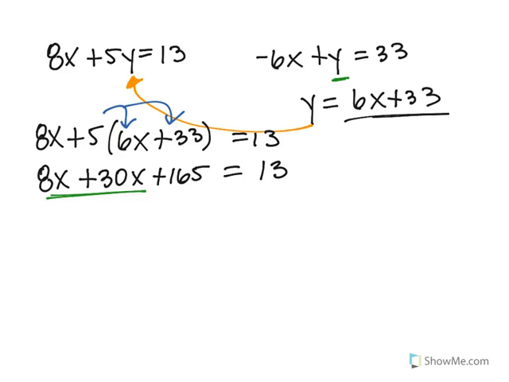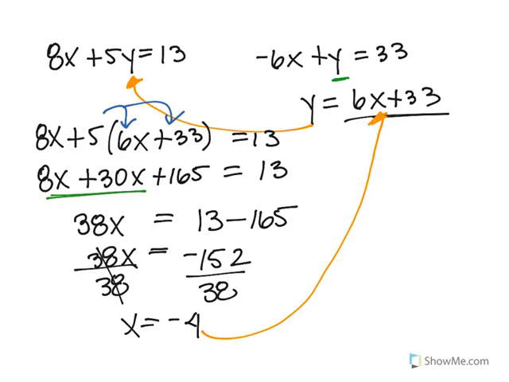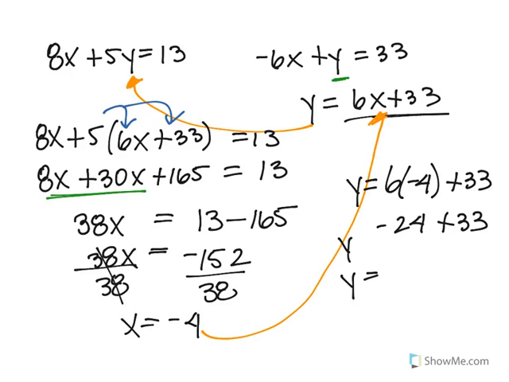I would combine like terms. That would give me 38x equals 13 minus 165, and that's where you get your negative 152. When you divide by 38, you get x to be -4. So you get the same point. It's just showing you both methods. If you plug -4 in for x, you get -24 plus 33, and that's how you get +9. So your point of intersection would be -4, 9.